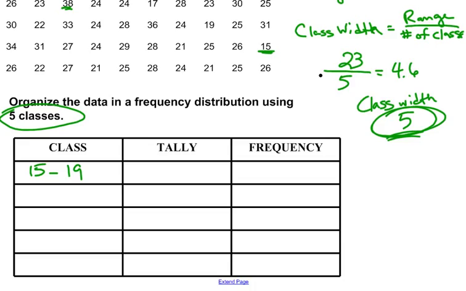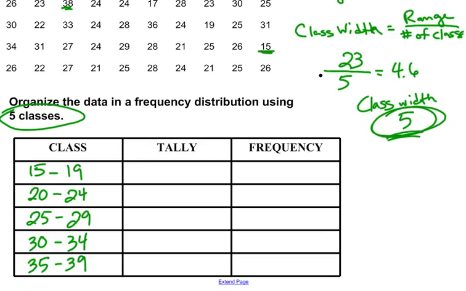So the class includes the values 15 to 19. The next class would start where that leaves off, which would be at 20, and it's going to include values of 20 to 24. The next class would include the values 25 to 29, then the next class would include the values 30 to 34, and then our last class will include the values of 35 through 39.